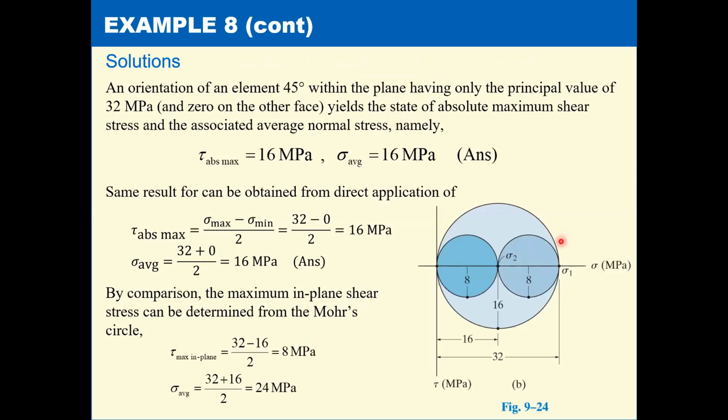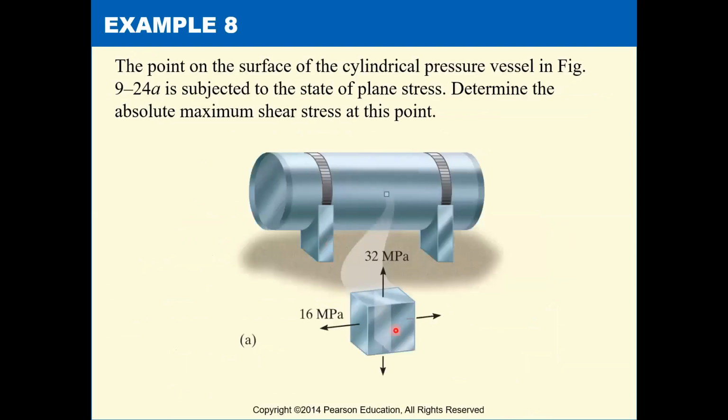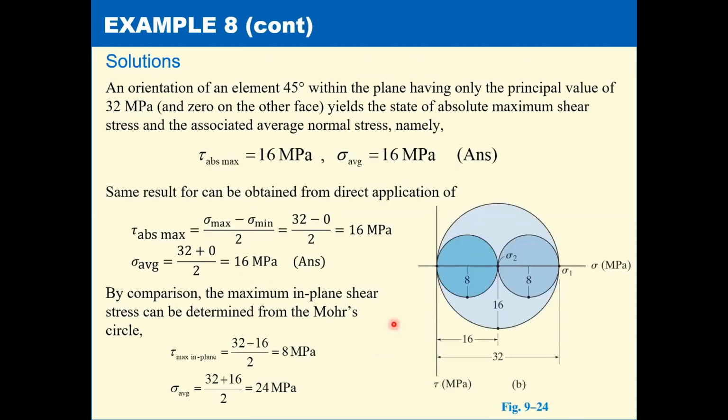So the way to find that absolute maximum shear stress is one of two ways. One, we can just think about what our maximum and minimum principal stresses are going to be and follow this equation where we take the largest minus the smallest divided by 2. And remember that third principal stress coming out of the page or into the page is going to be 0.